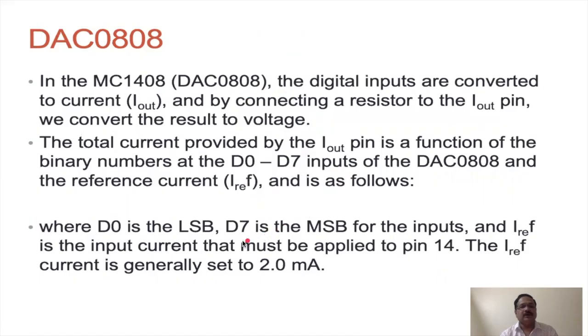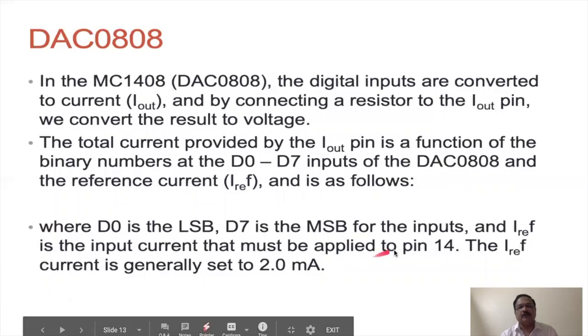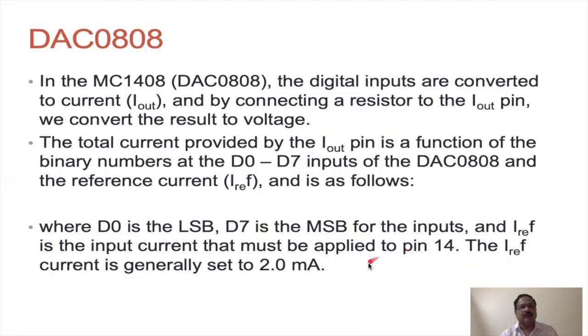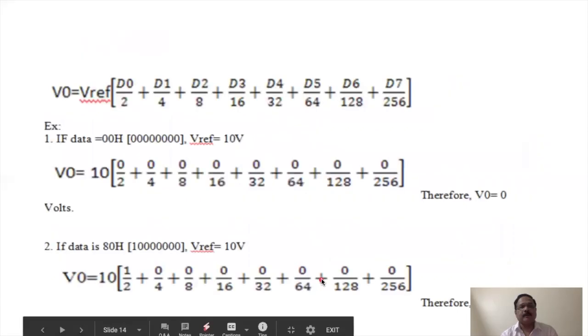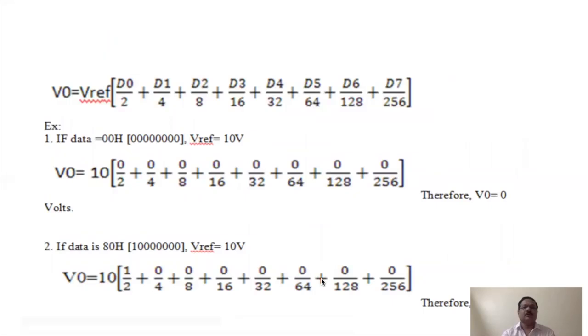D0 is the LSB and D7 is the MSB for the inputs, and the I reference is the input current that must be applied to pin 14. The I reference current is generally set to 2 milliampere. Here is the formula that is used for calculating the output voltage.